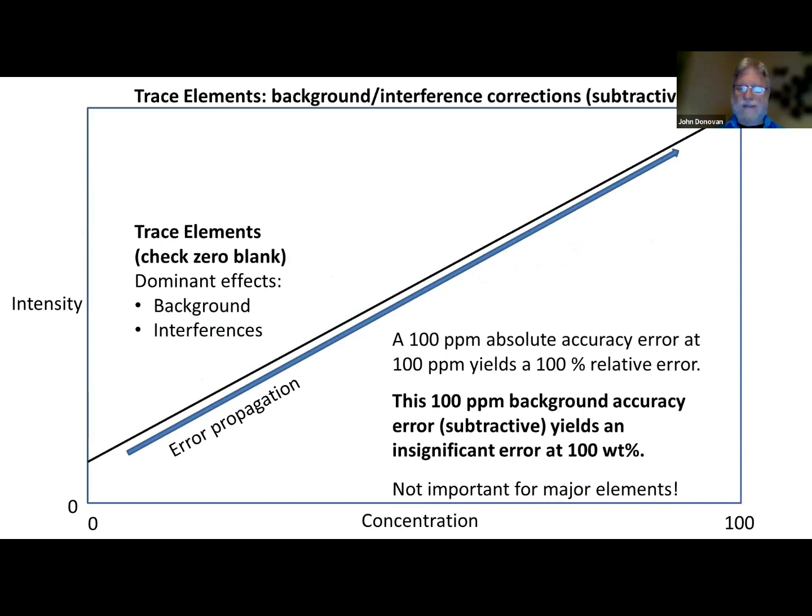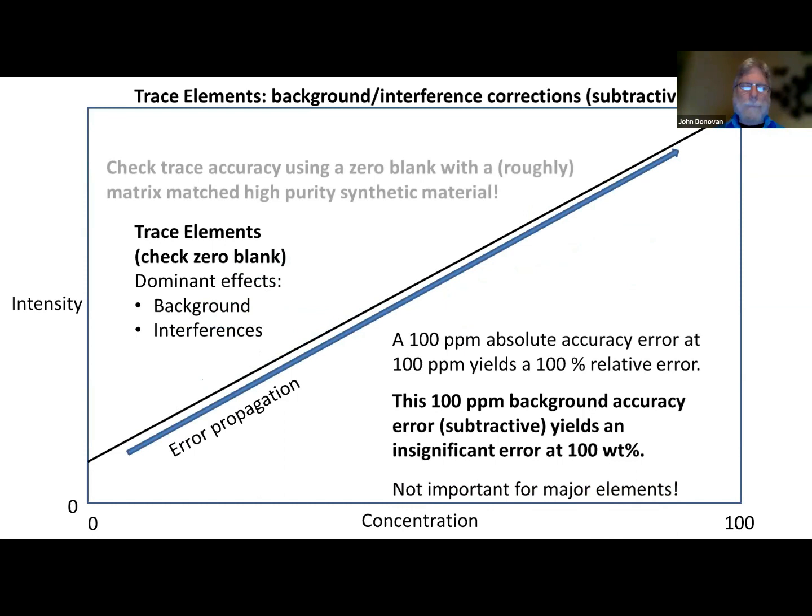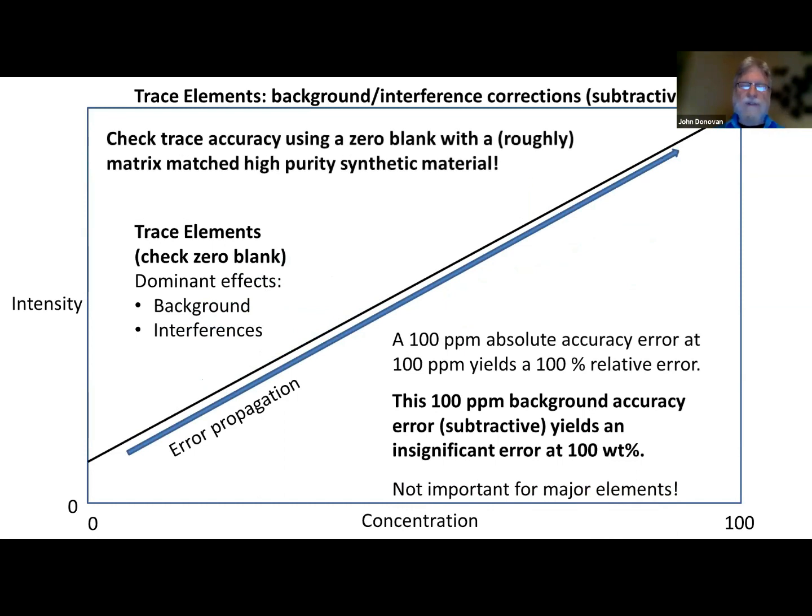It has no effect. So the background doesn't matter for major elements. We can check this accuracy using a zero blank with at least a roughly matrix matched synthetic material. It depends on whether the artifact causing the background problem is in the sample, due to an absorption edge for example, or is it in the detector, say an argon absorption edge?